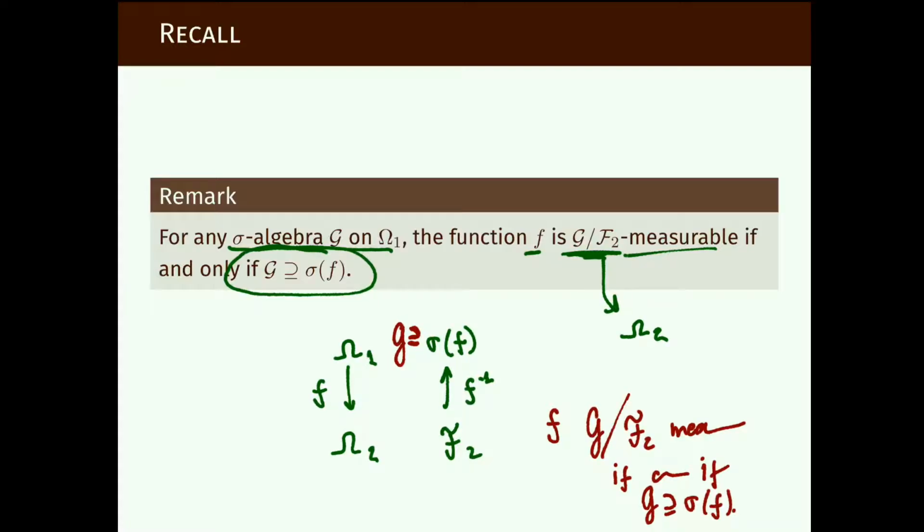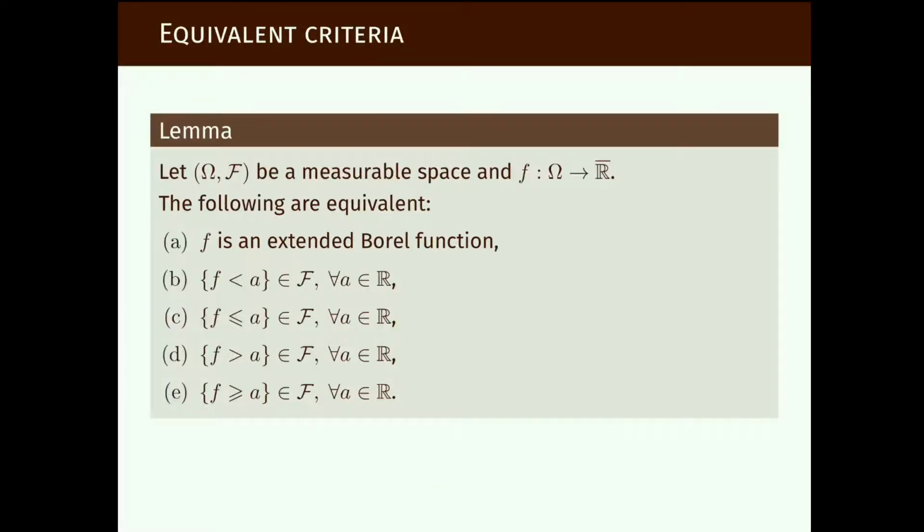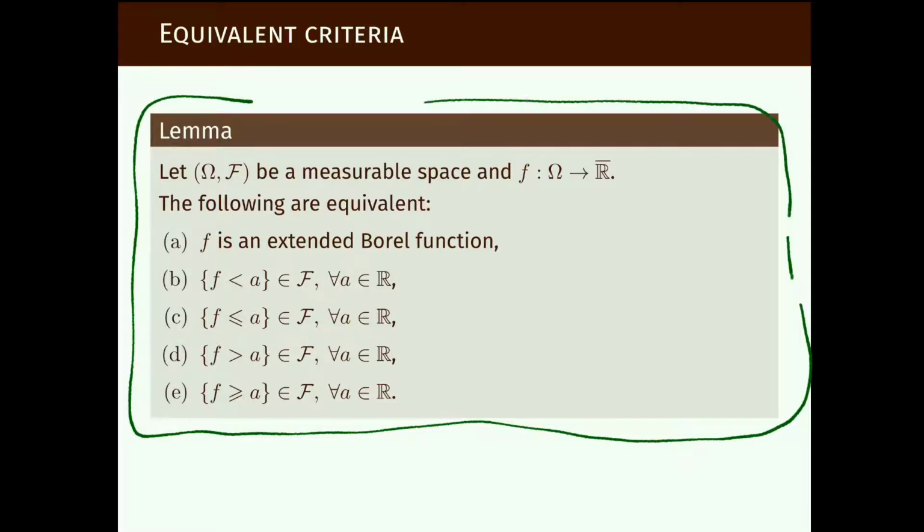Now we use this remark imported from the previous video lecture to prove this lemma, and this will be done if we combine it, let's go back a few more slides, with this key lemma from the first part of this video lecture.